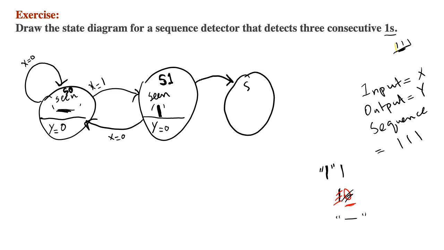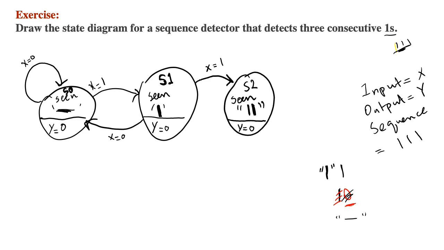I will label it state 2, and inside the state I'm going to say seen 1 1, and then add the output. So far I don't have the entire sequence, so I'm going to still output 0. And then here I will label the arrow x is equal to 1.